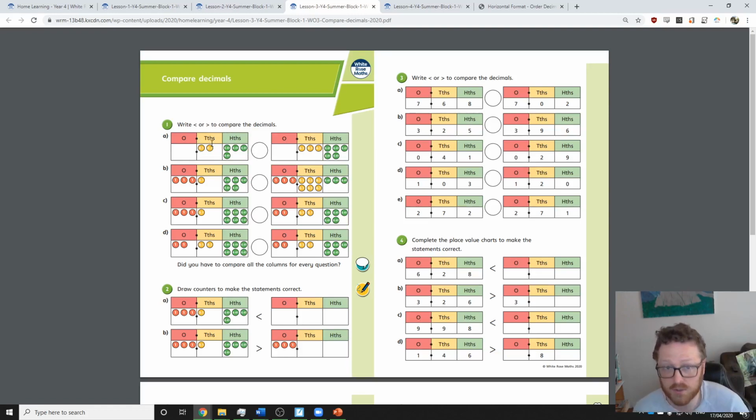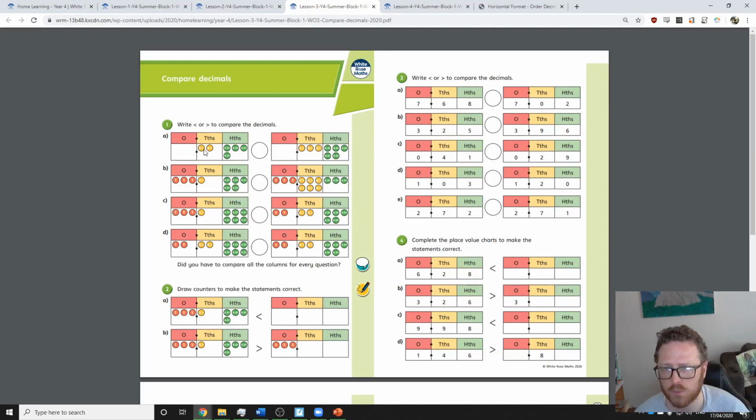So here, I'm going to do this first one for you, for example. I've got no ones, no units. I've got 2 tenths, and I've got 4 hundredths. That makes 0.24. Over here, I've got 0.35.